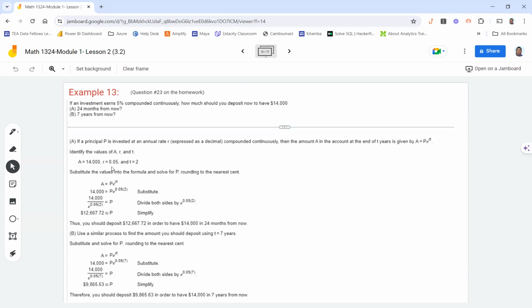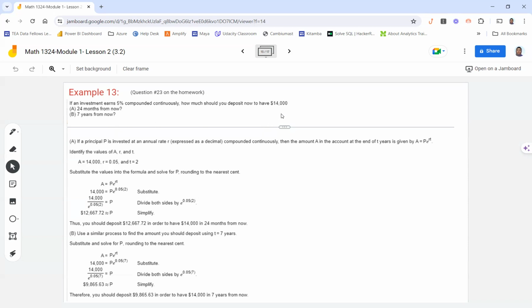Rate is given as 0.05. And 24 months is 2 years. When we plug in these numbers to solve for the principal amount, it will be $12,667.72 with these given numbers.